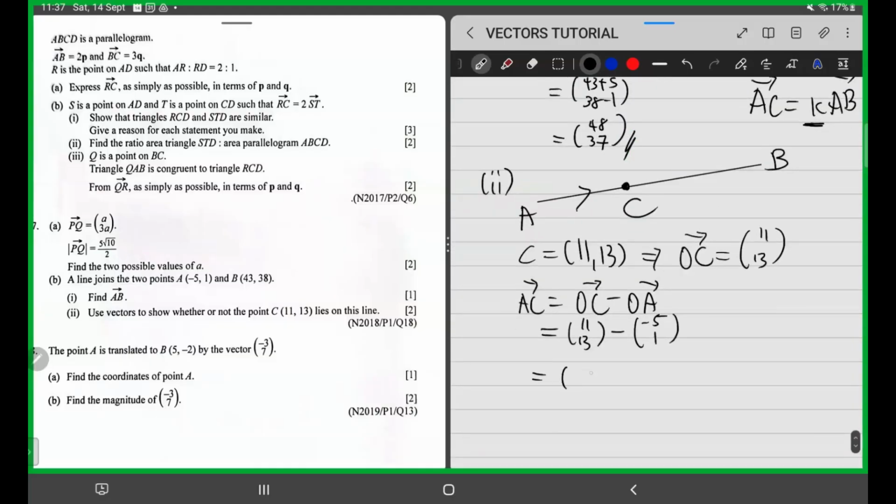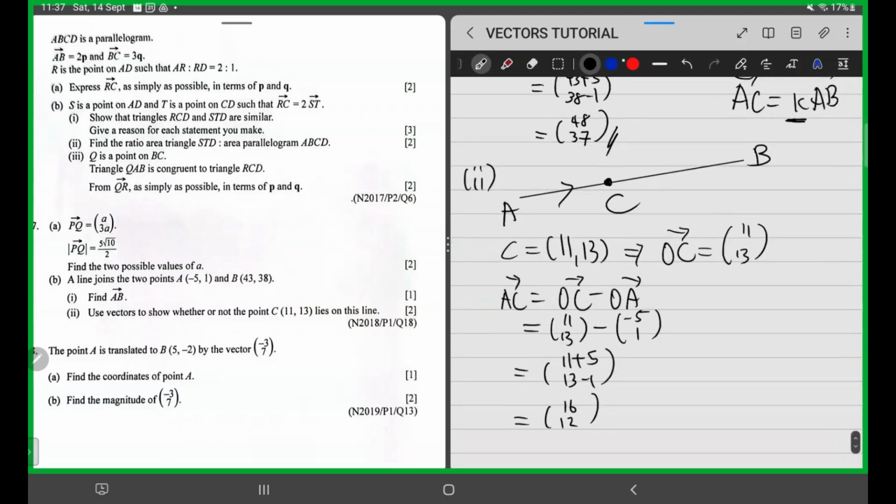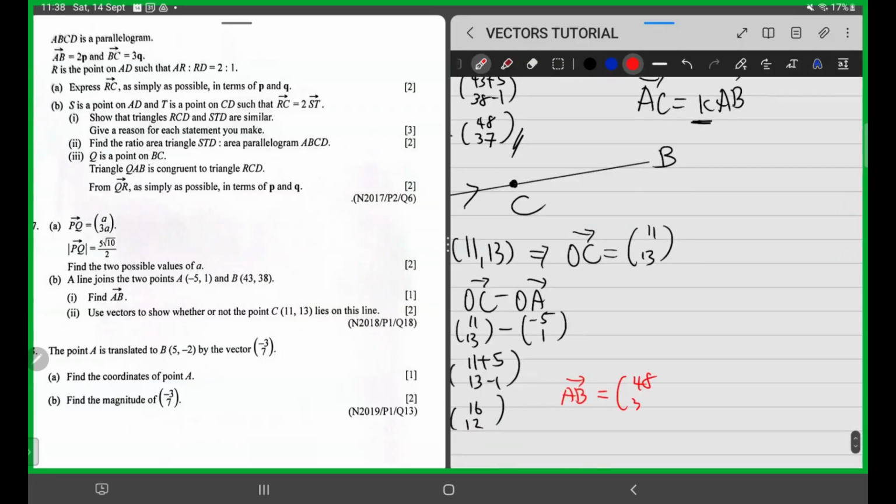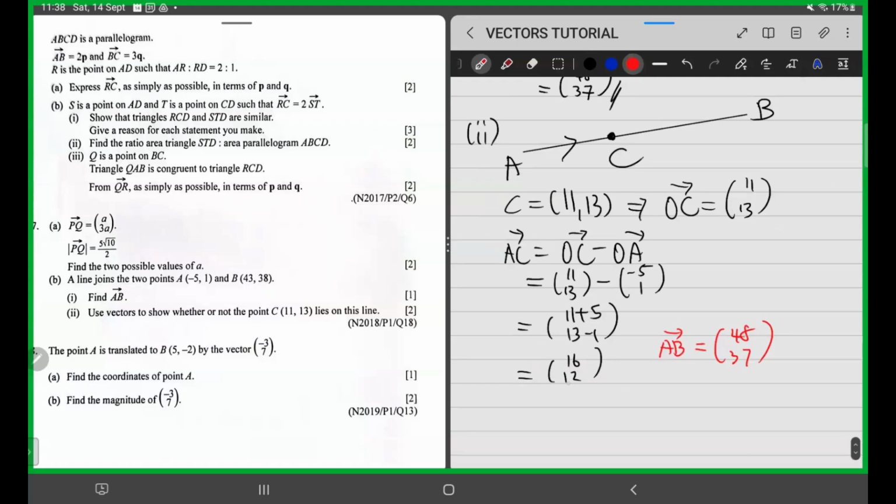So it is 11 plus 5, 13 minus 1, gives us 16, 12. And then you know that at the same time, your AB is 48, 37.